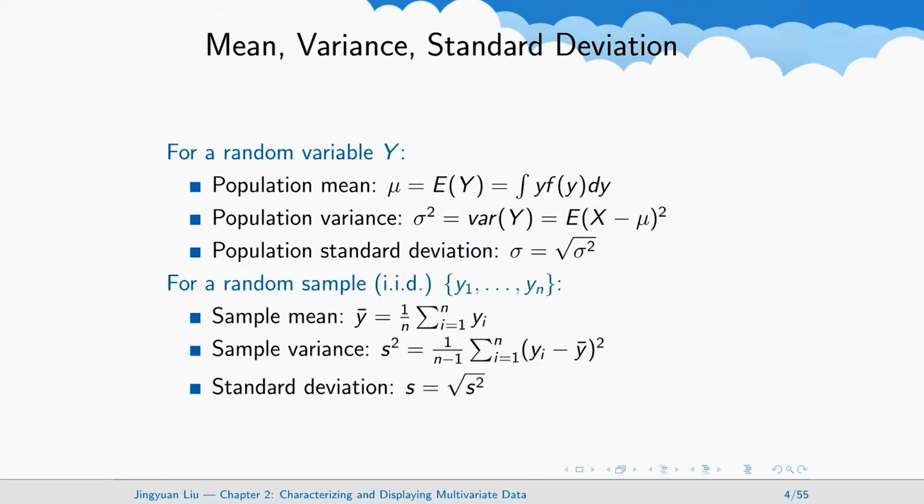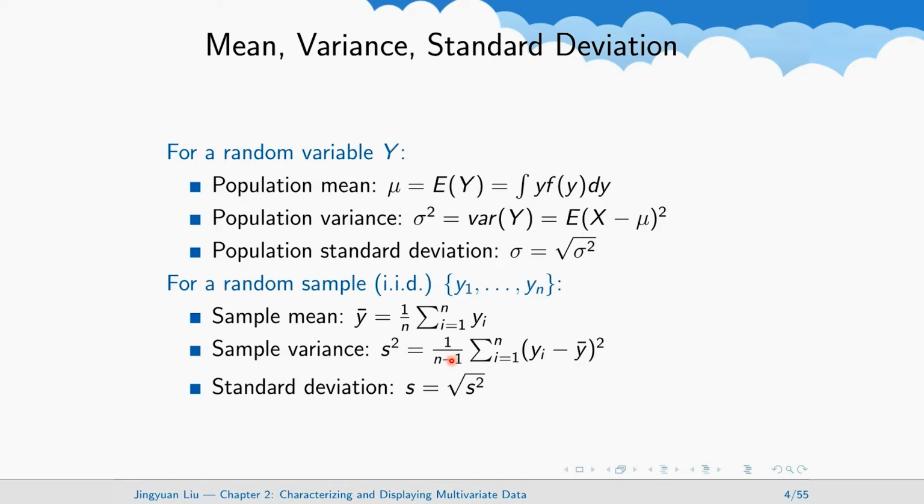And for a random sample where you actually have data, then you can estimate the population mean, population variance, and standard deviation using the data information. Here we call Y1 to Yn, n is the sample size. So we should have the so-called sample mean, sample variance, and standard deviation. So one thing to notice is here you have n-1 instead of n in the denominator of the sample variance.